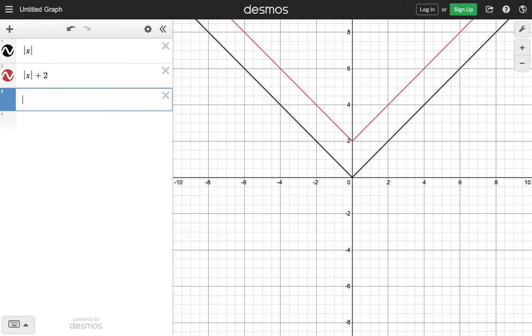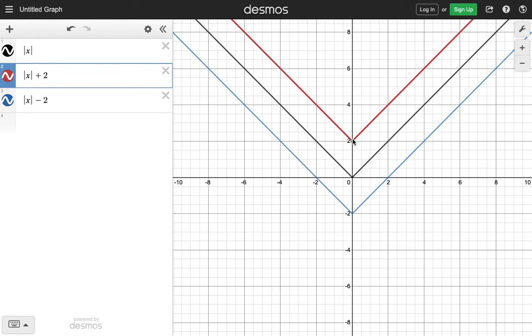If you subtract outside of the absolute value symbol, you go down from the parent function. So the parent function is through 0. If I add, I go up along the y-axis. That's my vertex. If I subtract, I go down along the y-axis from my parent graph.